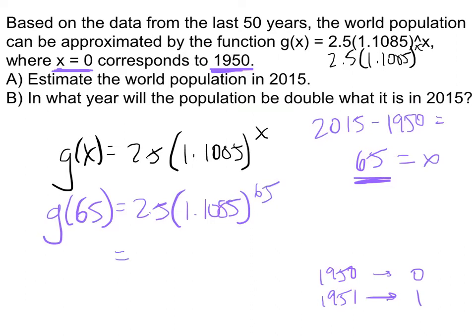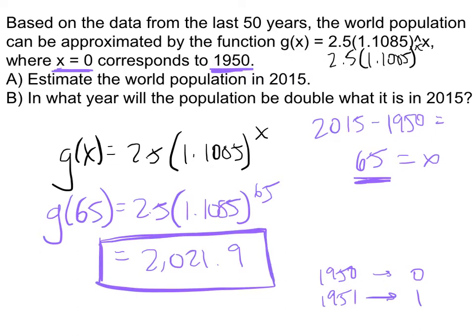When I plug that into my calculator, that's going to give me the world population in 2015, and I get 20,021.9. That's our world population in 2015.